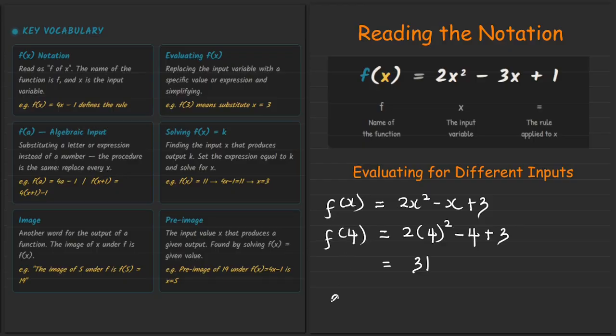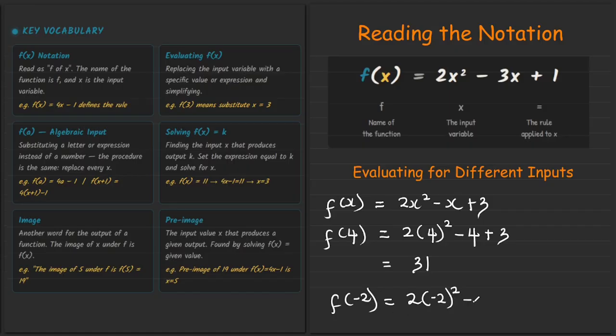If we had f of negative 2 as well, then it is going to be the same thing. We have 2, then instead of x, we say x is now negative 2. So we write 2 into bracket negative 2 all squared, then minus your x value.